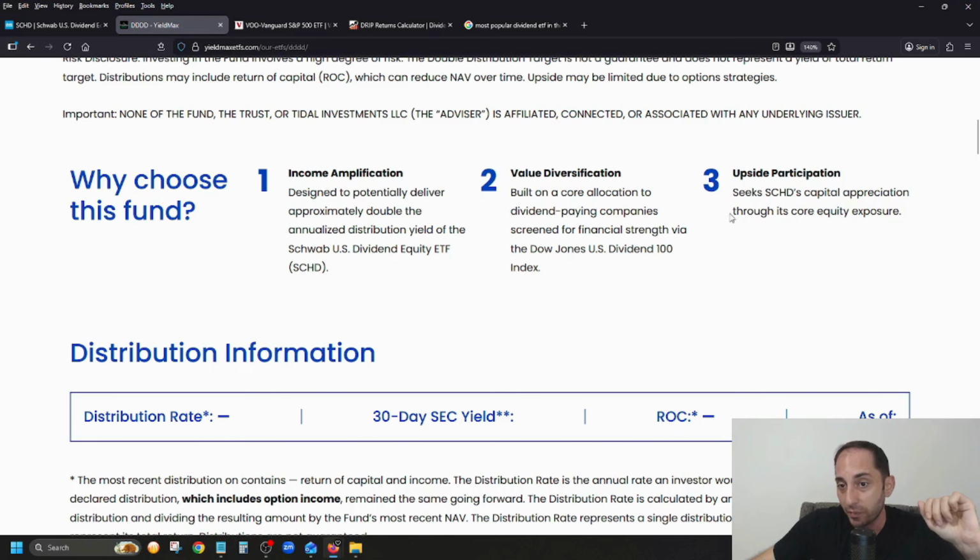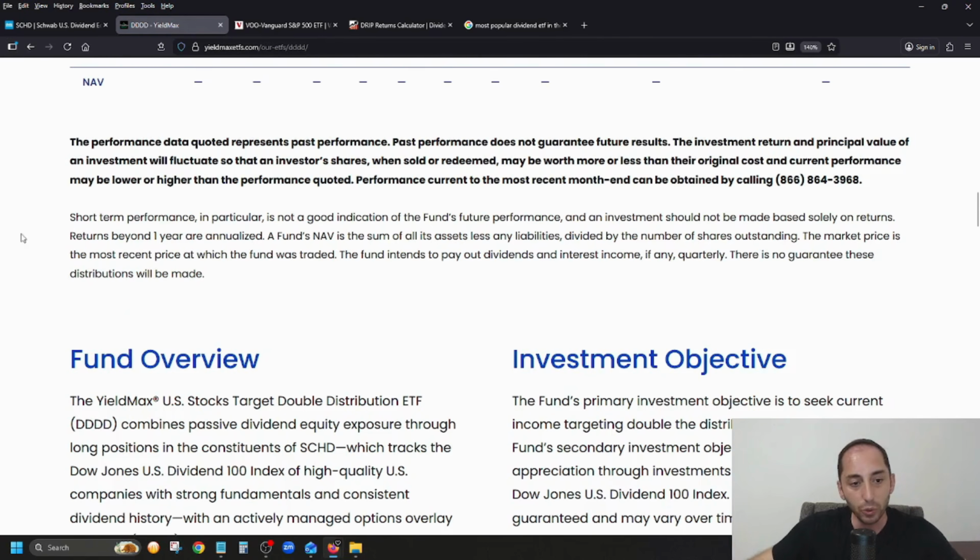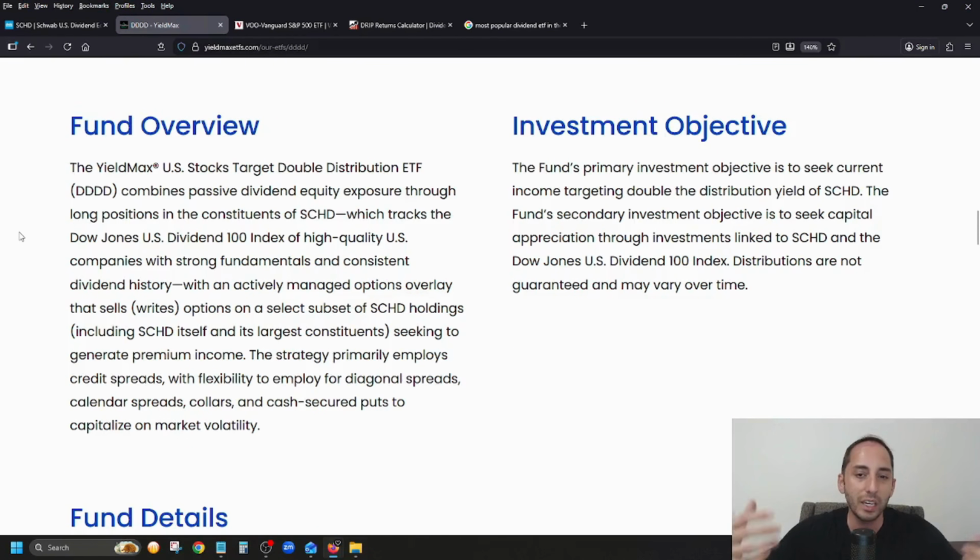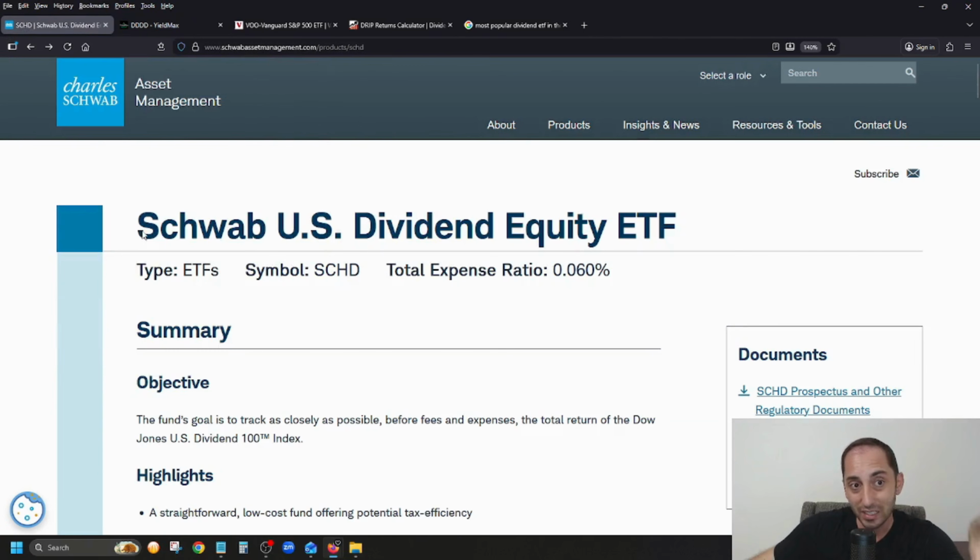Upside participation seeks SCHD's capital appreciation through its core equity exposure. So if we scroll down and look at the fund overview, we'll get a little bit more of a sense of how this ETF works. How is it able to provide approximately double the yield of the very popular SCHD?